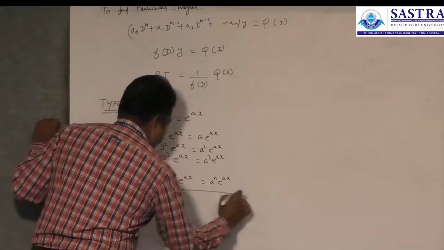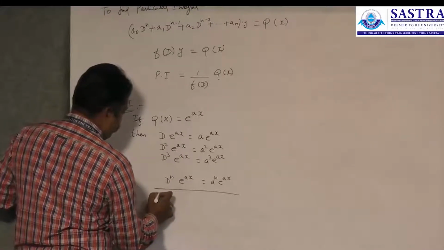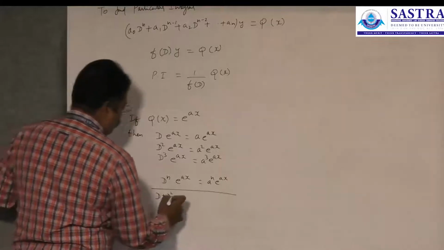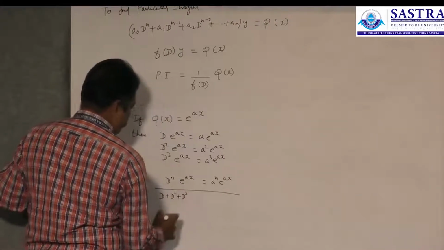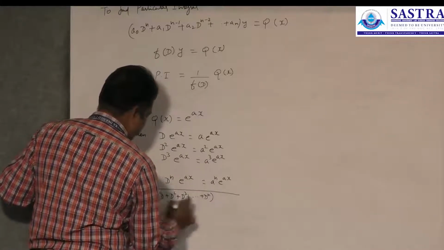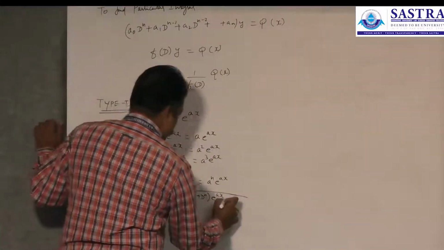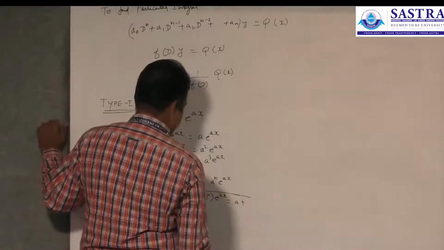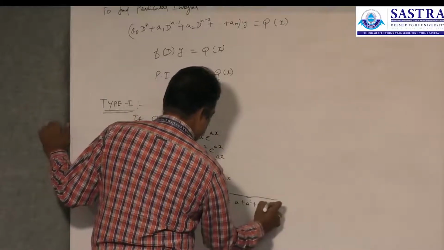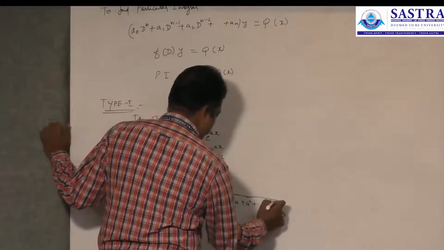On adding these things, we get (D + D square + D cube + etc. up to D^n) e^(ax) is equal to (a + a square + etc. up to a^n) e^(ax).